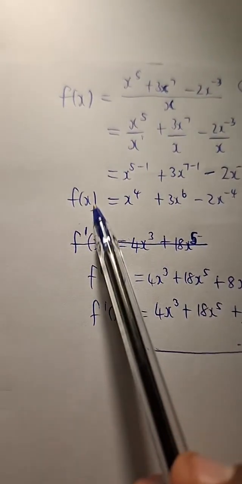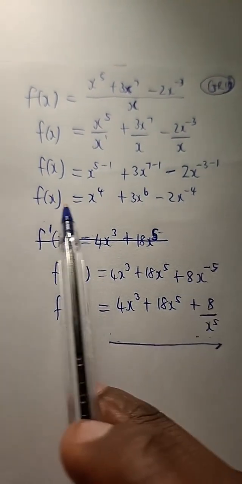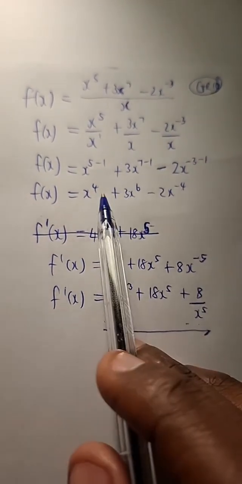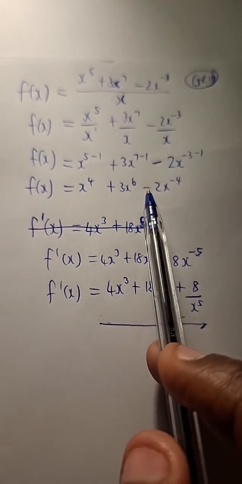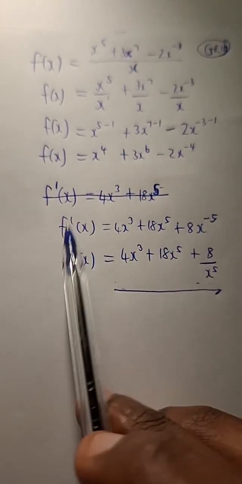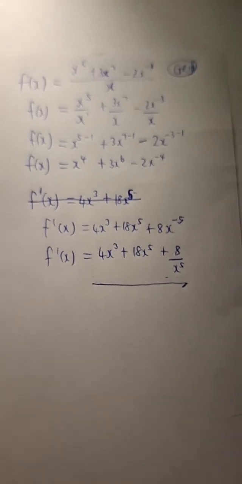I keep f of x whilst I'm busy simplifying. All right. I keep f of x until I get to the stage where it's like separate terms I can see. Then when everything has been fully simplified, then I write f prime x to show that I am deriving. So there's deriving. And then there it is.